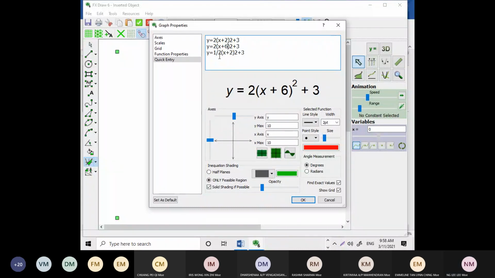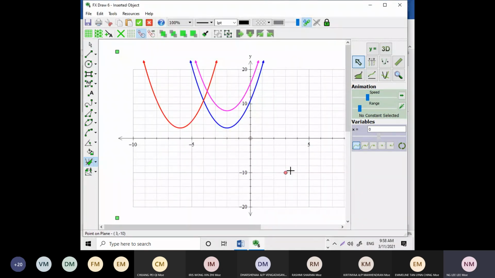Then this is 8. Let us see. Okay, very good. The original one will be which one? The original one is this, the blue one.